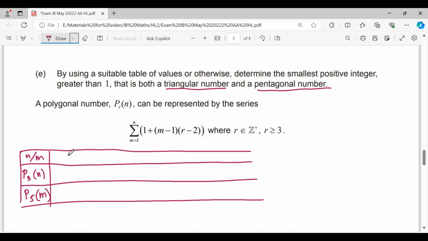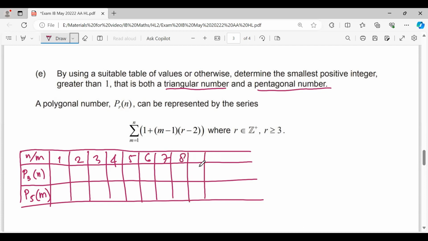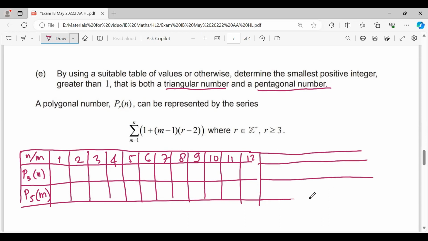So this is 1, 2, 3, 5, 6, 7, 8. I'm going to create it until 20.